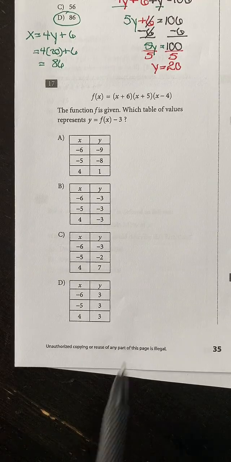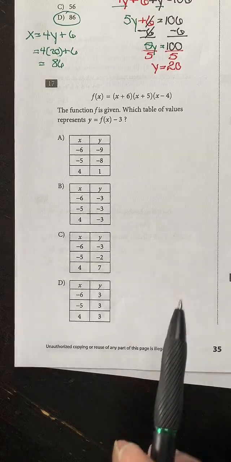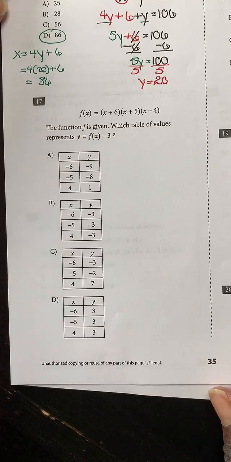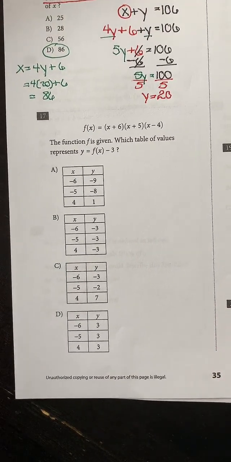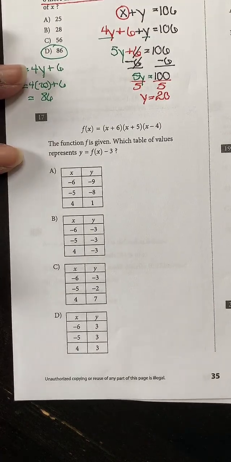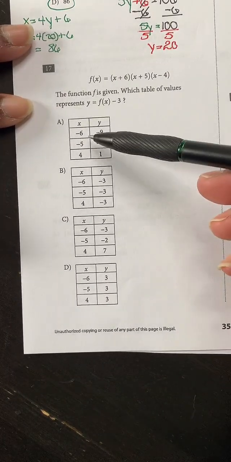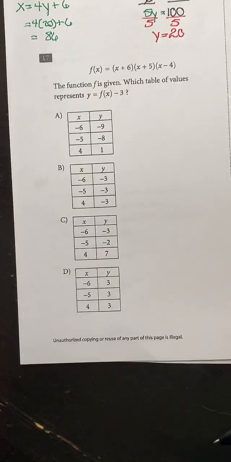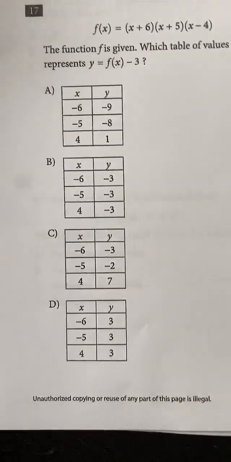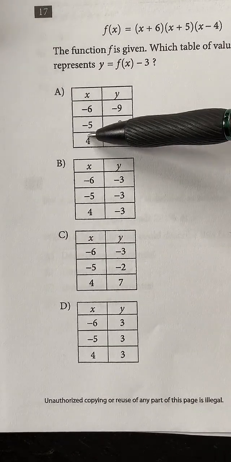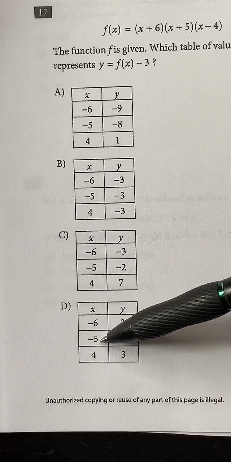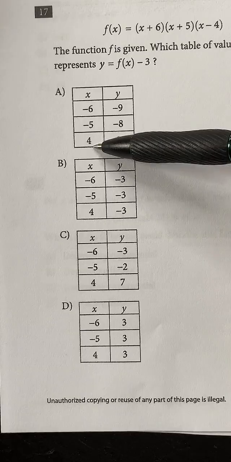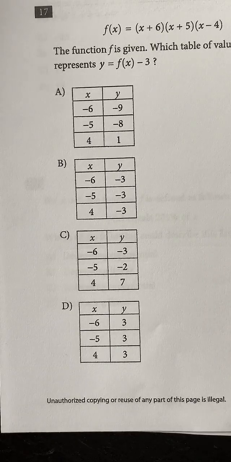Let's see. So first off, this is a visual type question. We're not really doing a whole heck of a lot of math. If you notice all your answer choices, let me see if I can zoom in so you can really get a gander. If you notice all your answer choices, the X values are all the same. They're all -6, -5, and a +4.